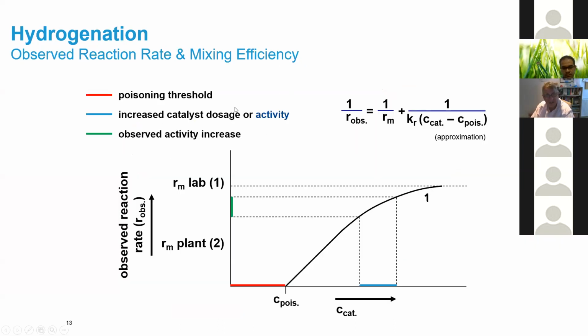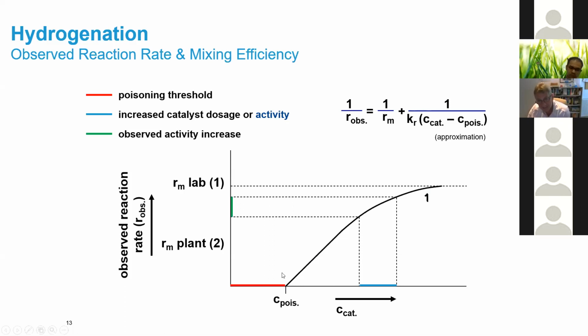So here is a chart to show you observed reaction rate, and you'll notice that the line of the reaction rate does not go through the origin, because in almost every reaction that takes place, unless you're using ultra pure materials, and in my experience nothing is ultra pure, there is always some kind of poison.